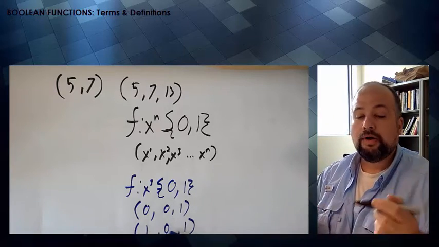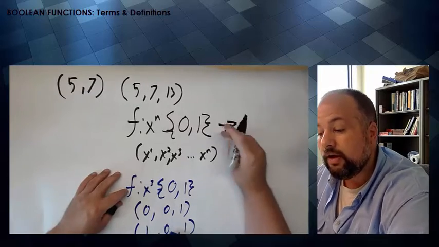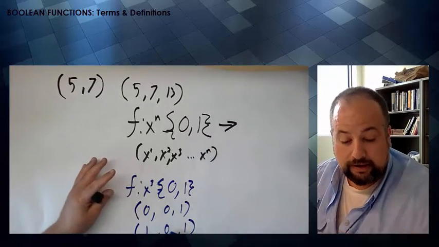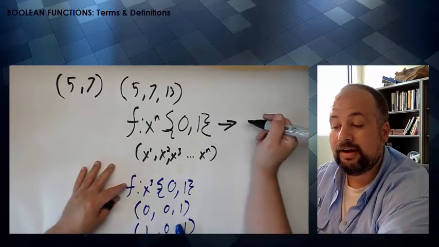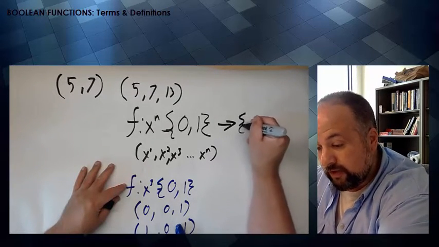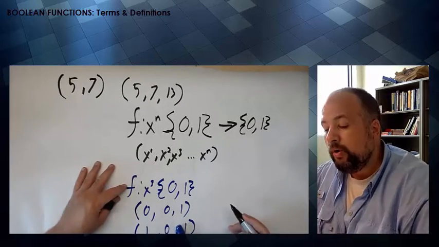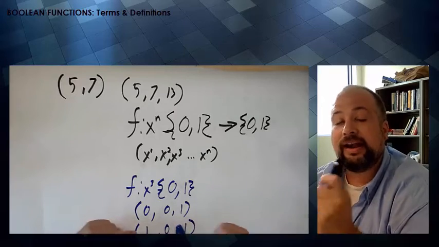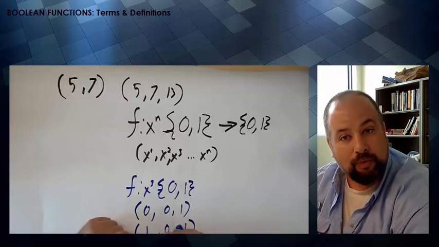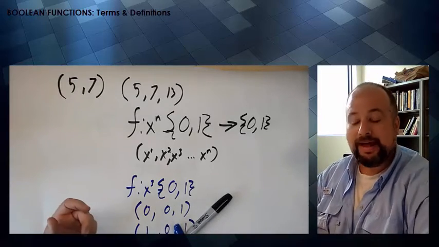Now, usually when you define the function like this, we have this arrow, which again could be the same as an equal sign, but we say the arrow goes to 0 or 1, which means for every n-tuple, there is an output which is a 0 or 1. What does that mean?